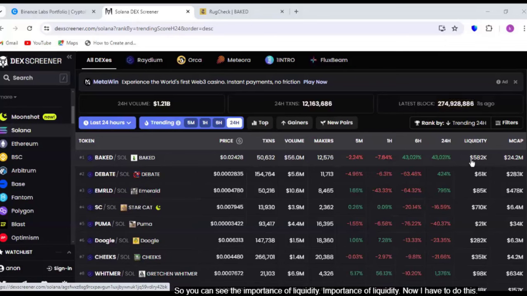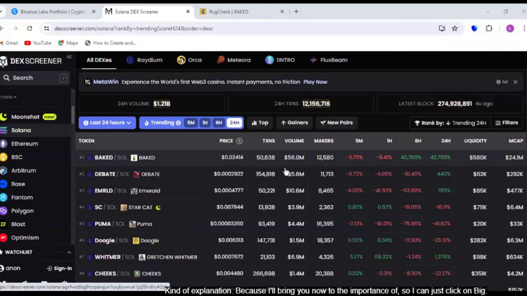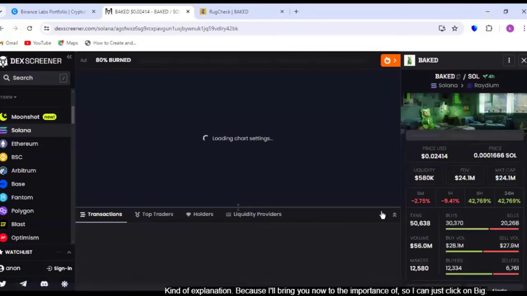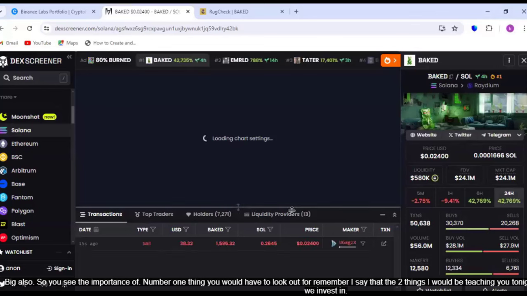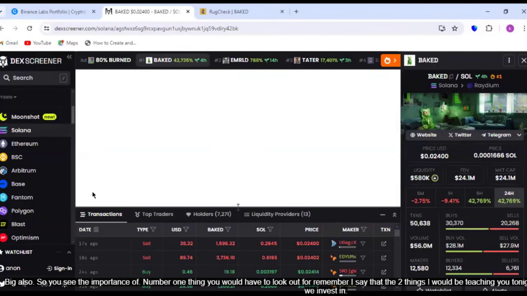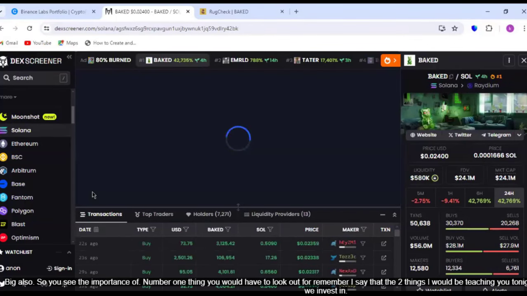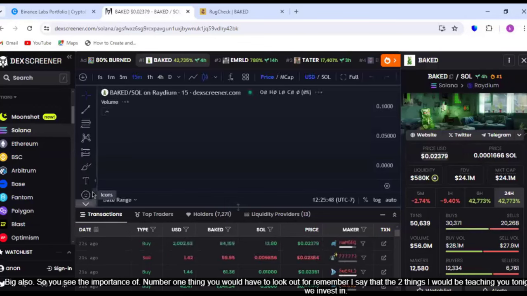Importance of liquidity. Now, I have to do this kind of explanation because I will bring you now to the importance of liquidity. So I can just click on Bake on SOL. So you'll see the importance of liquidity. Number one thing you would have to look out for, remember I said that the two things I would be teaching you tonight is how to spot good projects to invest in.